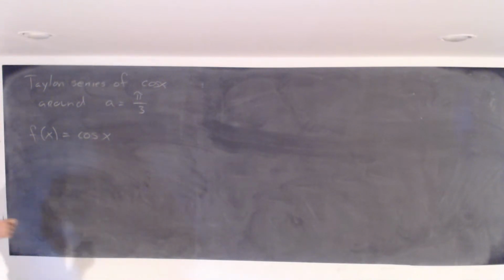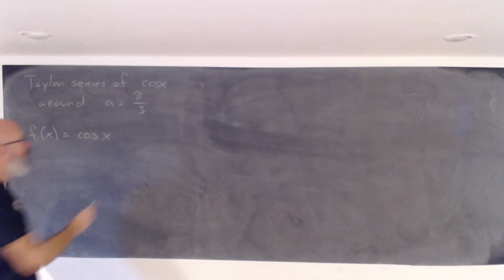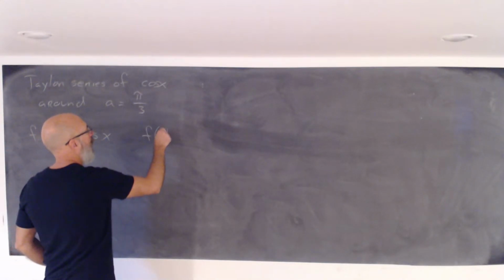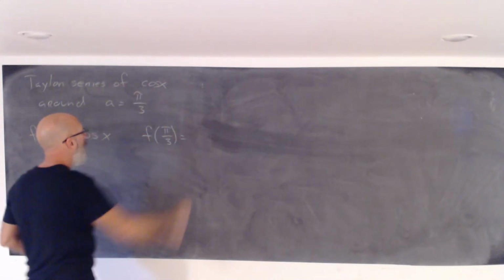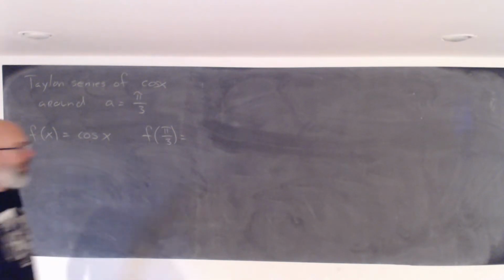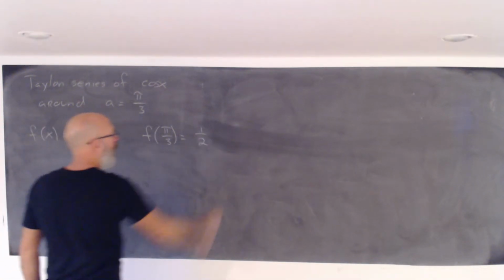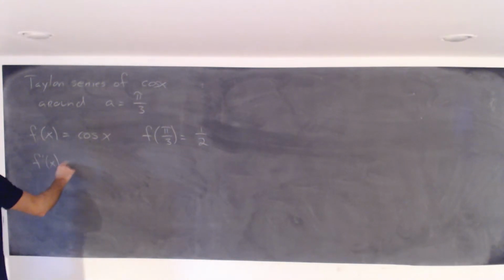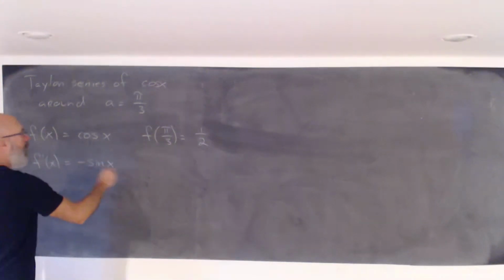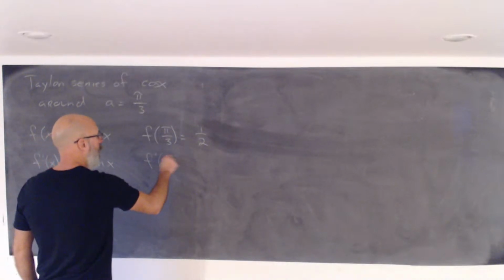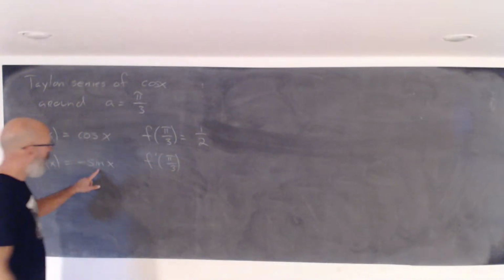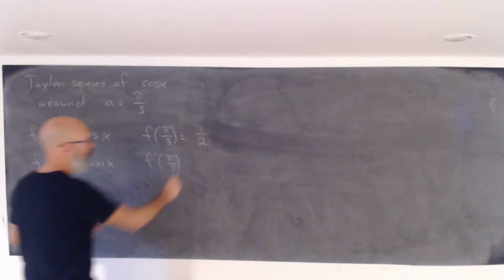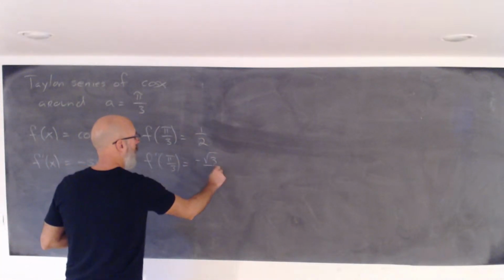We're going to do it the long way. Cos x, and then your function at pi over 3. Cosine of pi over 3 you know to be 1/2. The derivative is negative sine. The derivative at pi over 3. Sine of pi over 3 is root 3 over 2. So negative root 3 over 2.